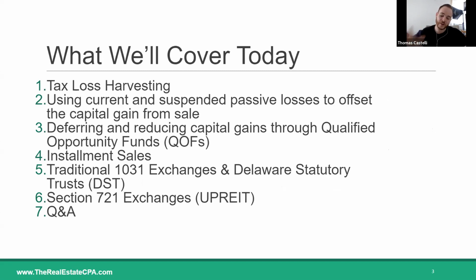And I'll caveat that the first 3 are going to apply to virtually any type of real estate investor, rental property investor. The bottom 3 are going to apply more to people who own real estate directly or as part of a small partnership and not necessarily syndications, although you can see 1031 exchanges sometimes done when the GP of a syndication initiates them.